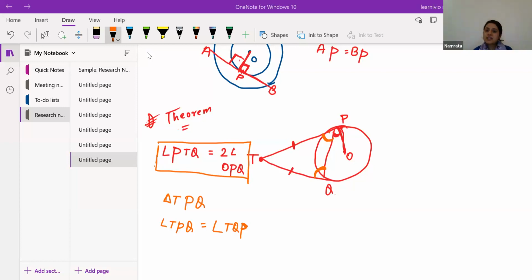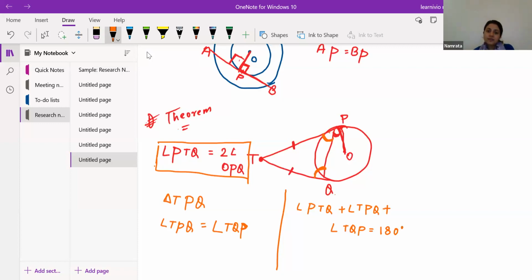Now here, if we take all the angles in triangle TPQ, we can say angle PTQ plus angle TPQ plus angle TQP, all together it's 180 degrees by the angle sum property of a triangle, right?